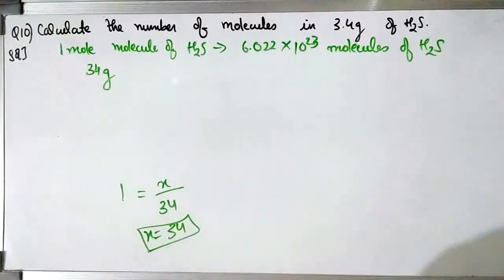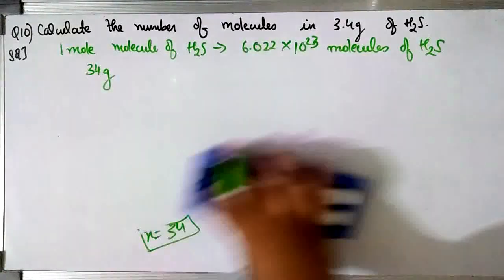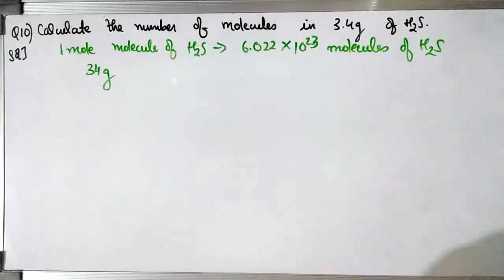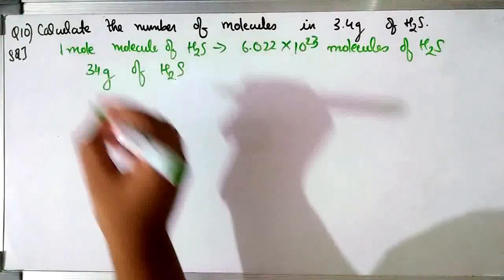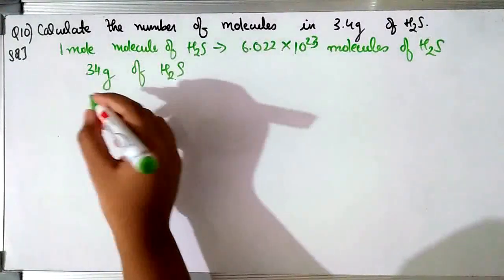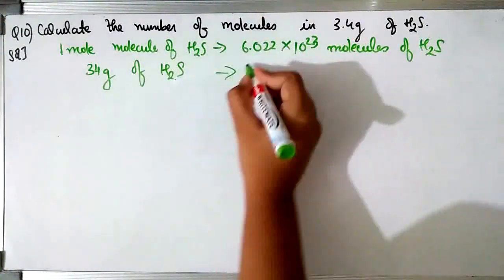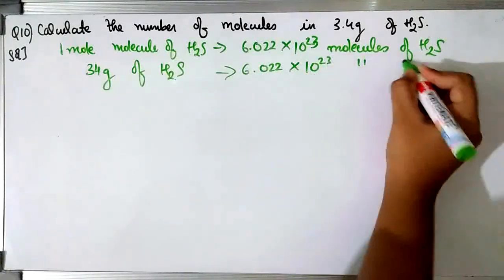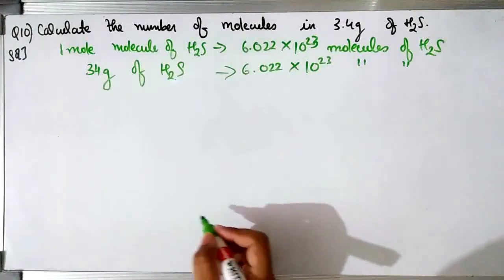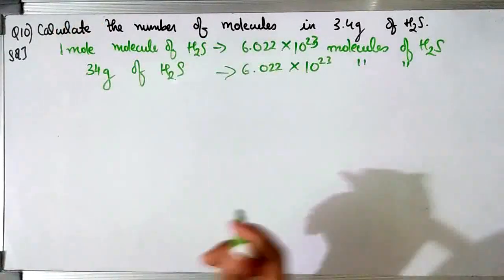So 1 mole molecule of H2S has 34 gram of H2S. So 34 gram of H2S will contain 6.022 into 10 to the power 23 molecules of H2S, because 1 mole is nothing but 34 grams.